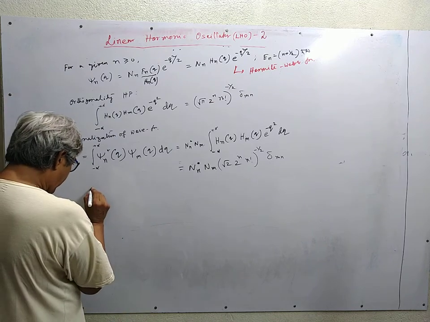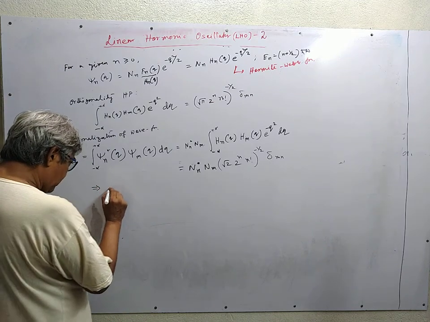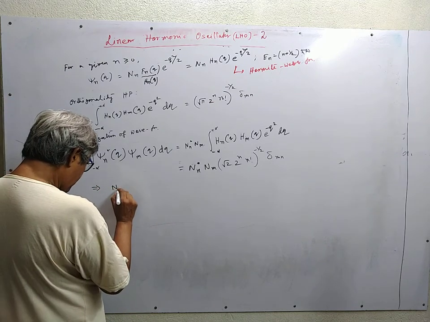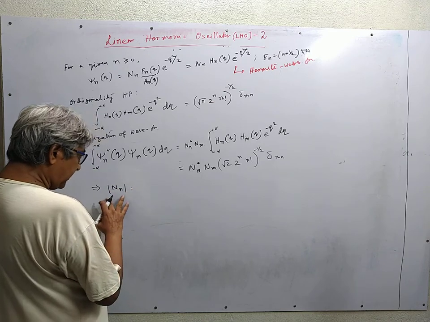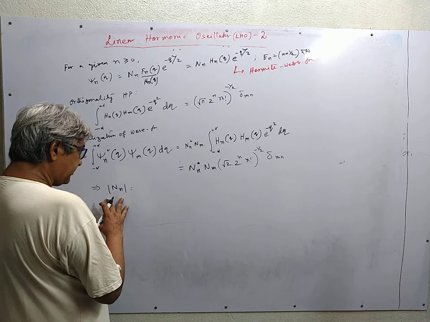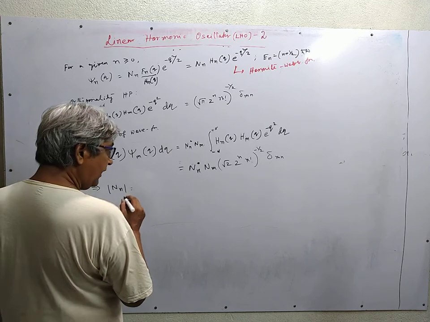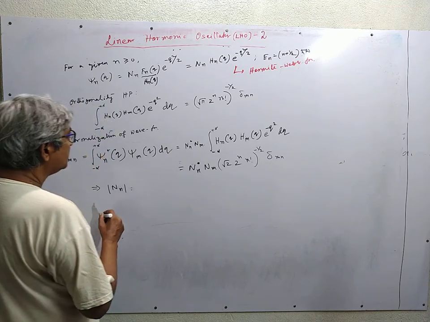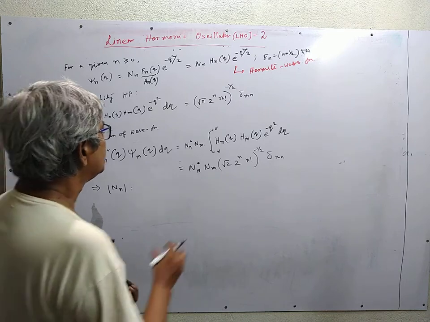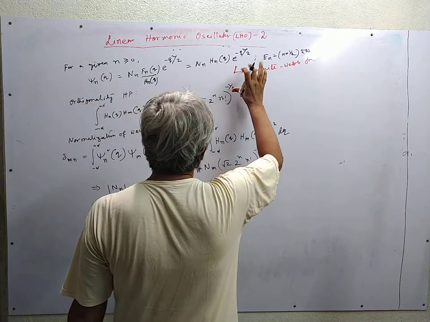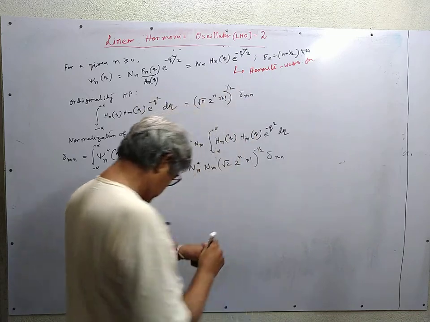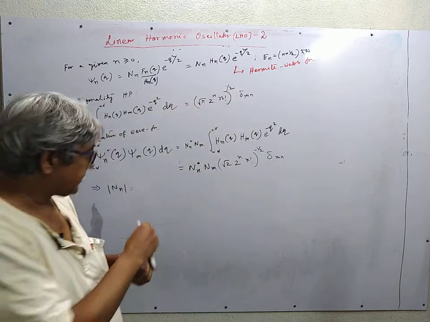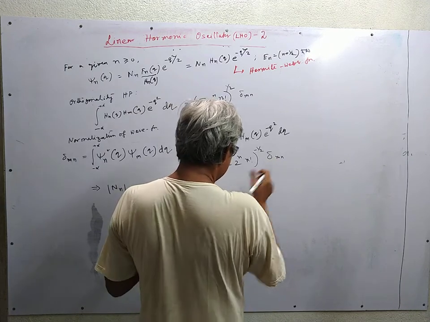So if m is equal to n, then we can write the modulus of N n, where the normalization constant is indeterminate up to a phase factor. Sorry, this is plus half. Please make the correction that this is plus half.